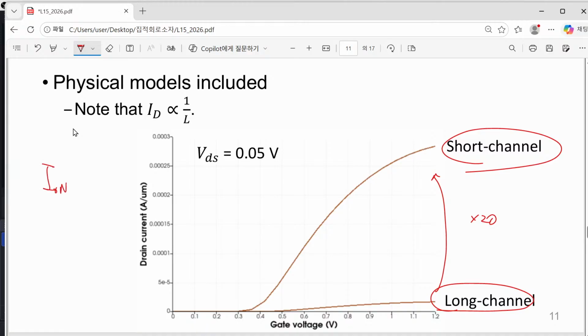Everybody tries to increase our on current as much as possible. Just a 1% or 2% increase in our drain current or on current is regarded as a real big deal, and they really wanted to increase it. But we have the strong way to increase the on current, just reducing the channel length.